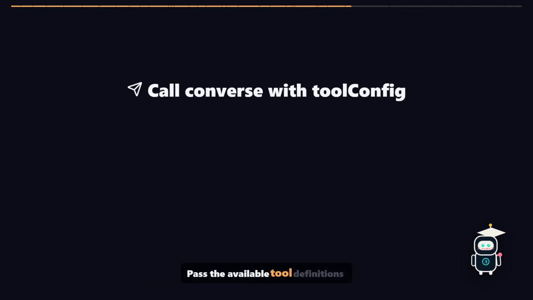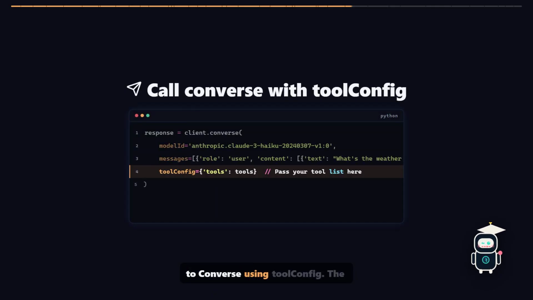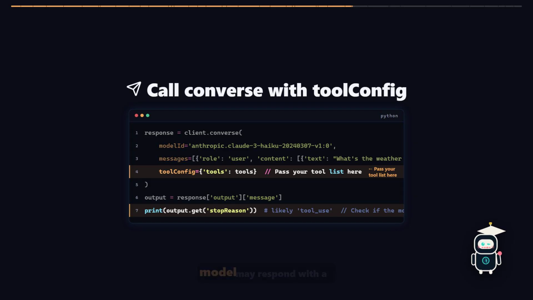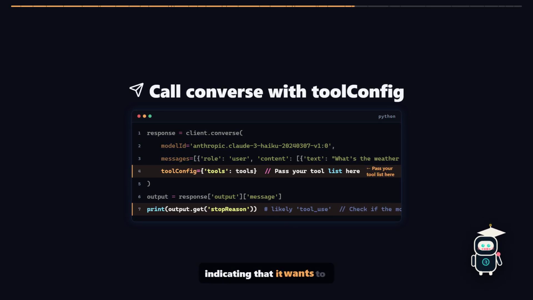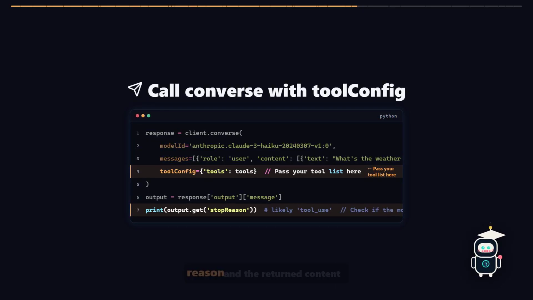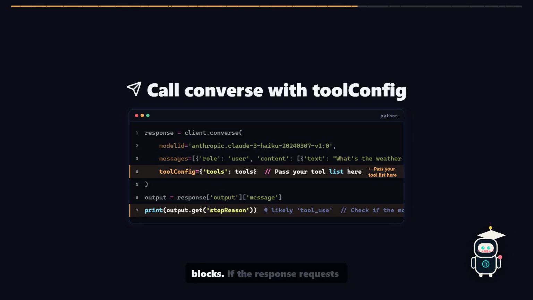Pass the available tool definitions to Converse using toolConfig. The model may respond with a normal final answer, or it may return a stop reason indicating that it wants to use a tool. Do not assume that every response contains text. First, inspect the stop reason and the returned content blocks.